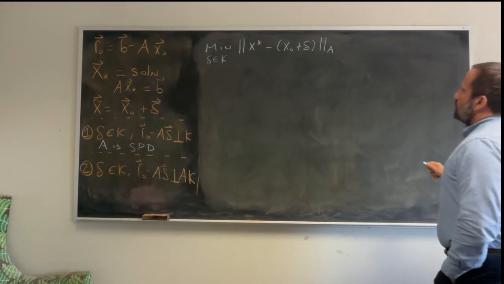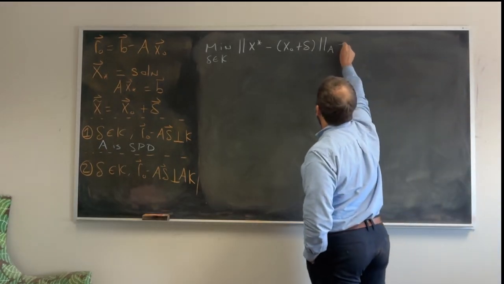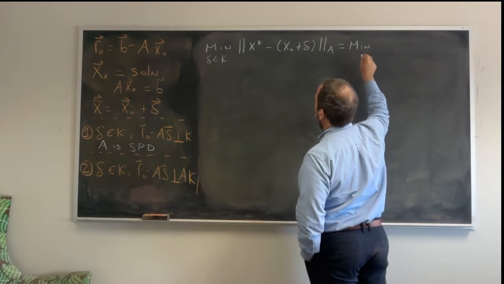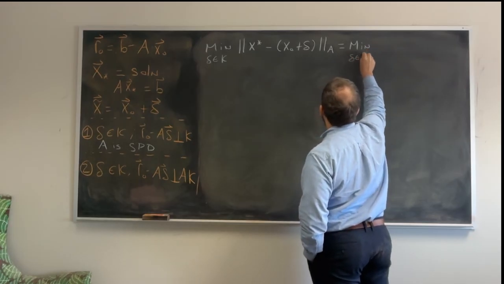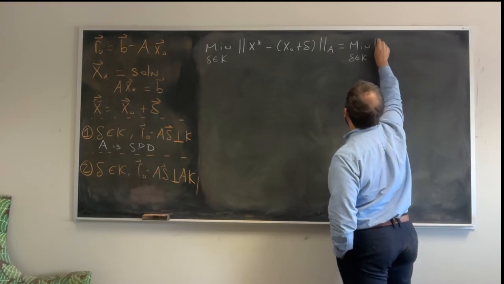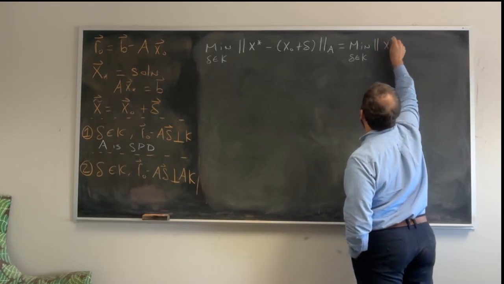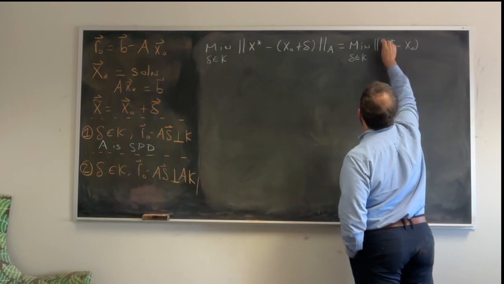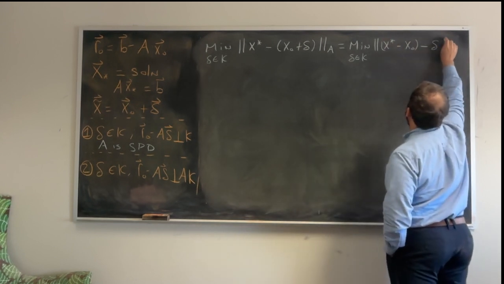Okay, so notice that we can just rewrite this very simply as: we want to minimize, over delta in K, and I'm just going to use associativity here, x star minus x naught minus delta.